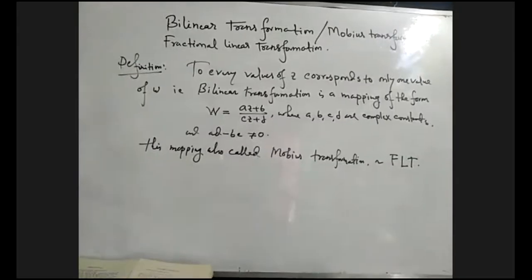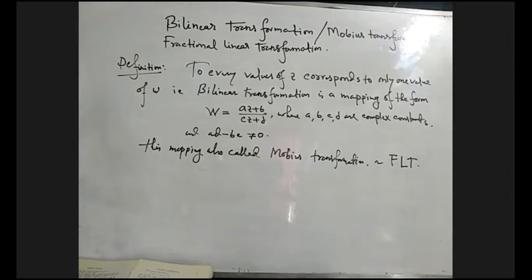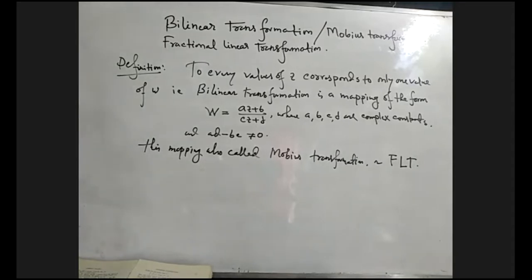Now we can solve some examples. What will be the invariants for a bilinear transformation?